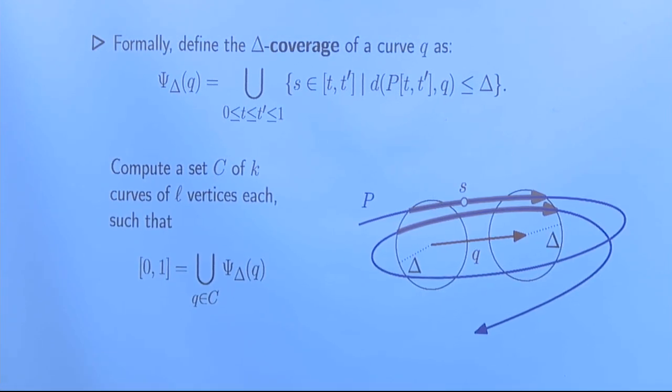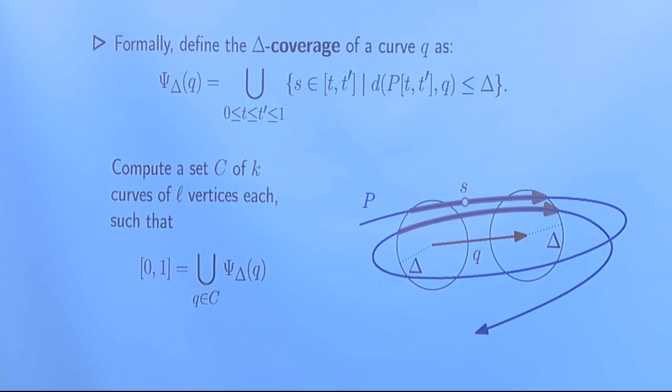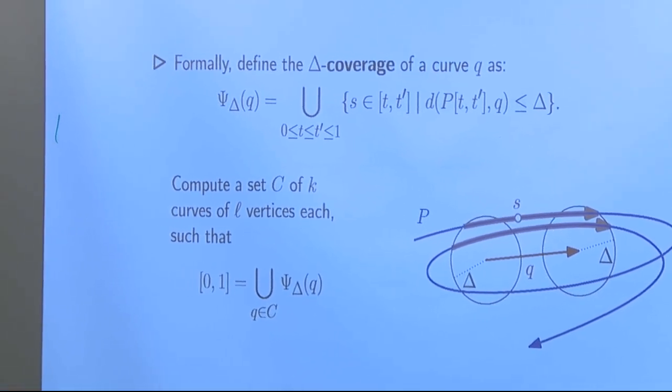What I want to do is use a hitting set algorithm that works for set systems of low VC dimension. Why? Because I just don't know any better way of doing it.